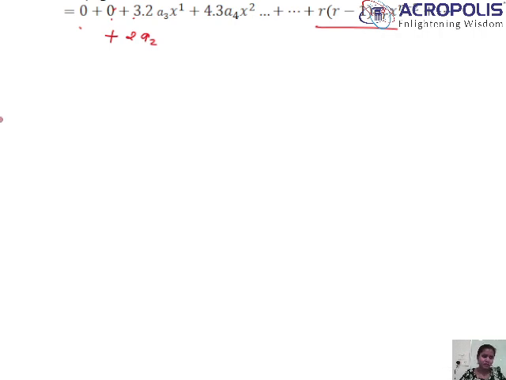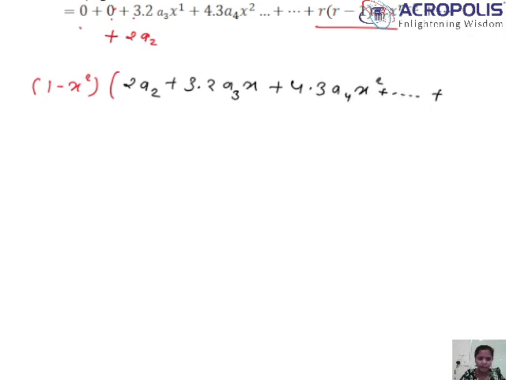We substitute these values here: 1 minus x square times d2y by dx square, which is 2 a2 plus 3.2 a3 x plus 4.3 a4 x square up to r into r minus 1 a_r x to the power r minus 2 up to infinity. Now the next term is minus x into dy by dx.